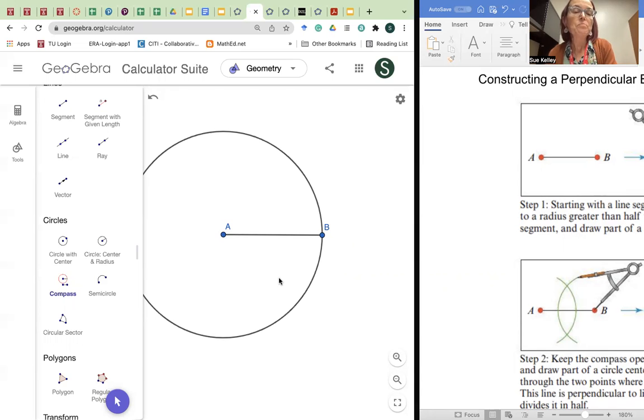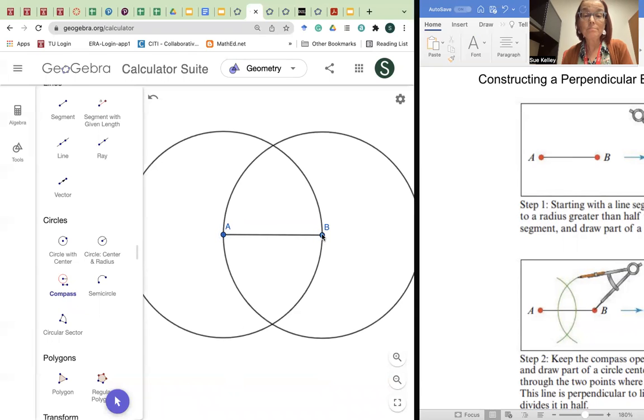That's fine. All right. And then we want another circle with the same radius. That's the important part. They have to have the same radius. So I'm going to draw another circle with the center at B and the same radius. All right. Why the same radius? Because we want to cut this line in two.